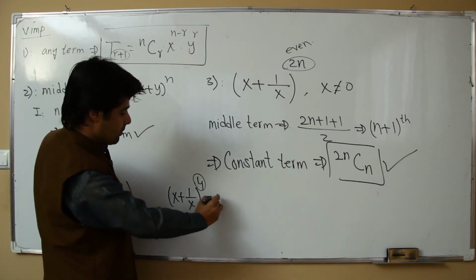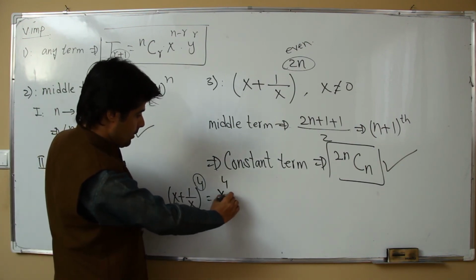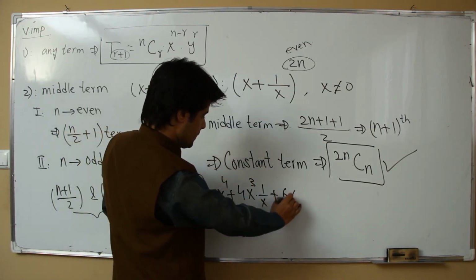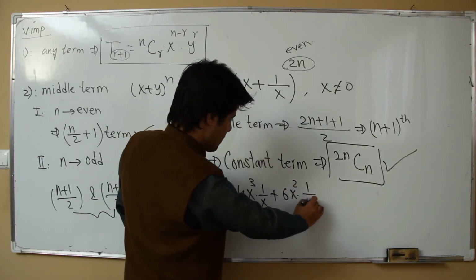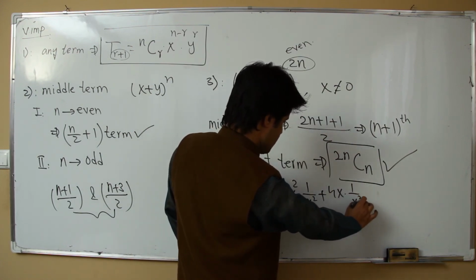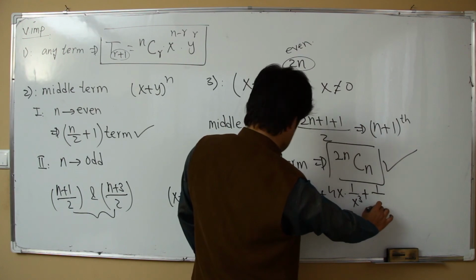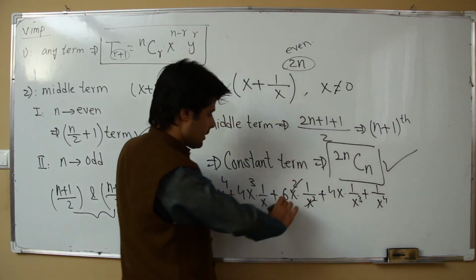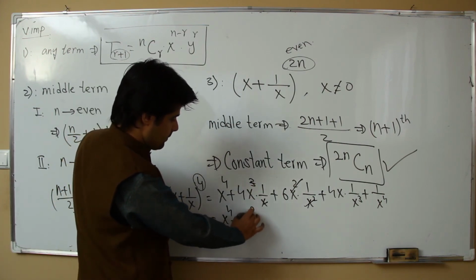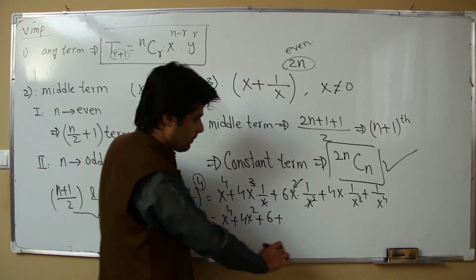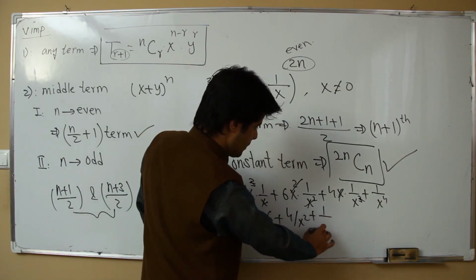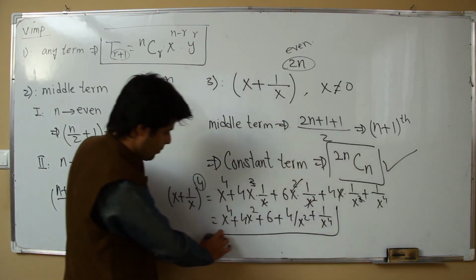If you expand this, it is x to the power 4 plus 4x cubed times 1 divided by x, plus 6x squared times 1 divided by x squared, plus 4x times 1 divided by x cubed, plus 1 divided by x to the power 4. This cancels, so you will find x to the power 4 plus 4x squared plus 6 plus 4 divided by x squared plus 1 divided by x to the power 4. This is the middle term.